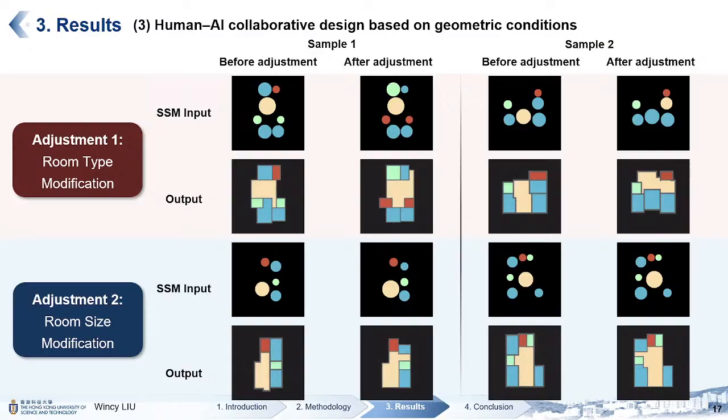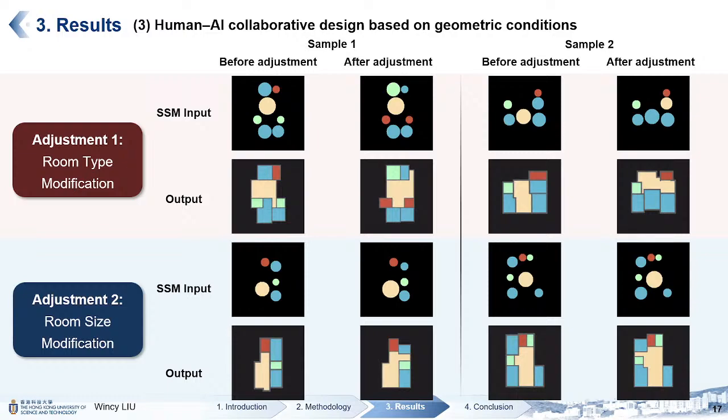And the next part of the results is to validate the geometric controllability. Here we do five adjustments to validate this. For example, here we change some room types or the room size.